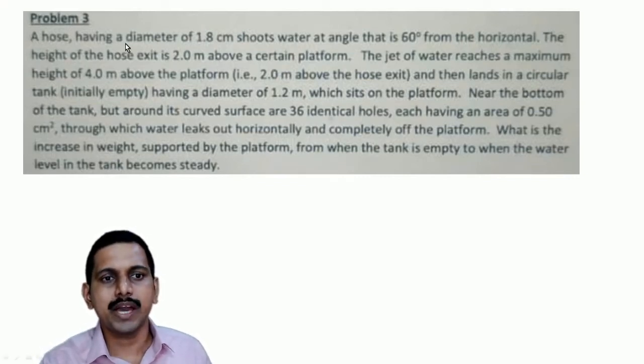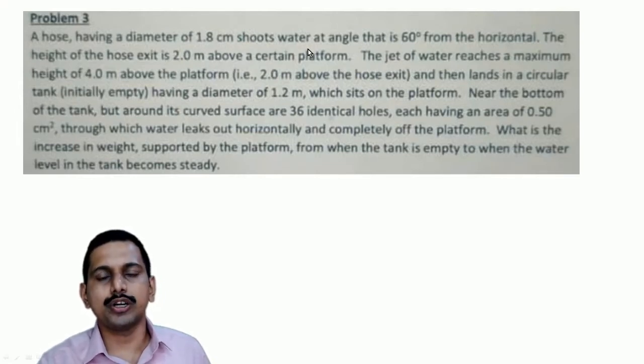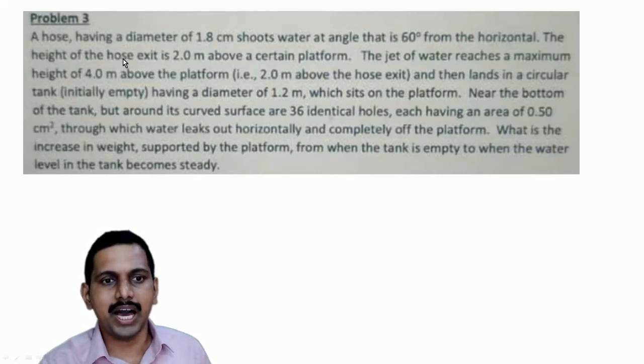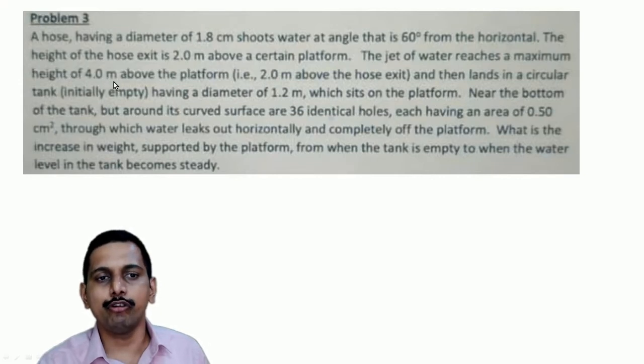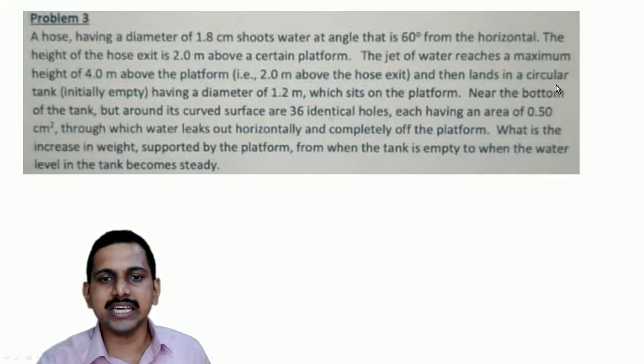A hose having a diameter of 1.8 centimeter shoots water at an angle that is 60 degrees from the horizontal. The height of the hose exit is 2 meters above a certain platform. The jet of water reaches a maximum height of 4 meters above the platform, that is 2 meters above the hose exit, and then lands in a circular tank, initially empty, having a diameter of 1.2 meters, which sits on the platform.